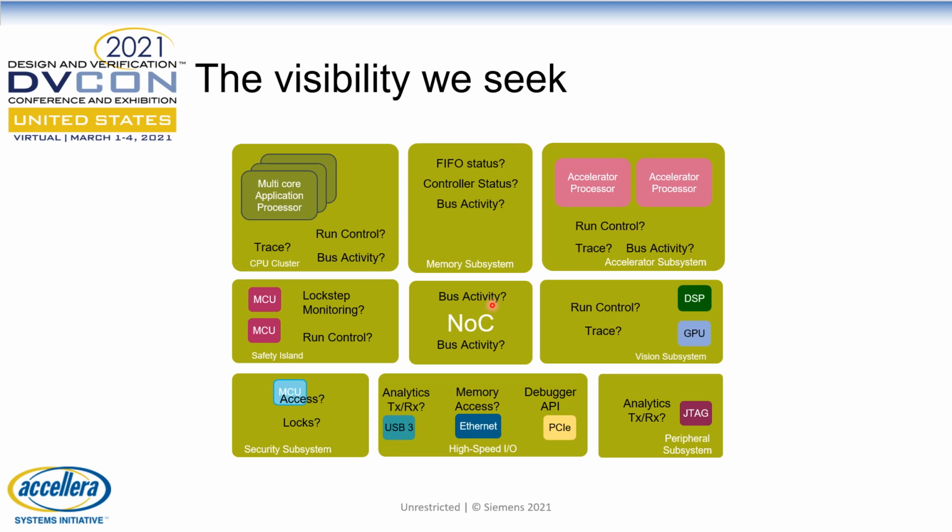This includes monitoring bus activity in different locations in the system, for example, at the boundary of the NOC, or maybe as being initiated from the accelerator subsystem. We will want to be observing status signals and state transitions in different places in the system, and to collect processor trace in the use cases where that is required.